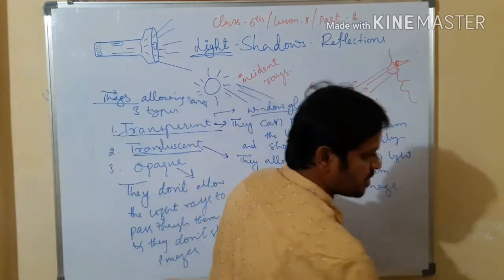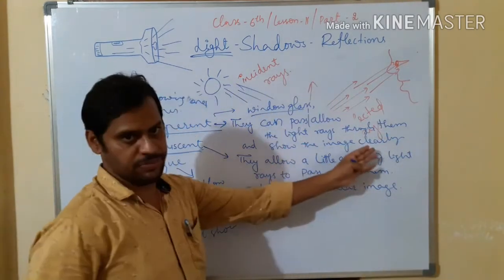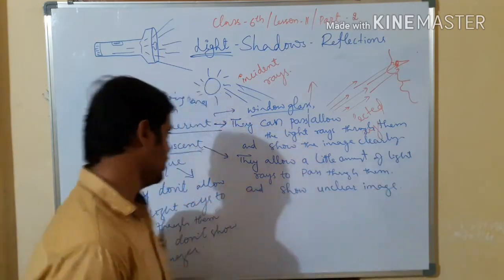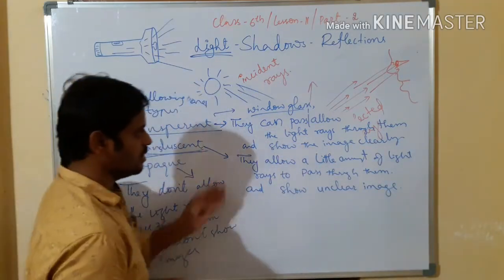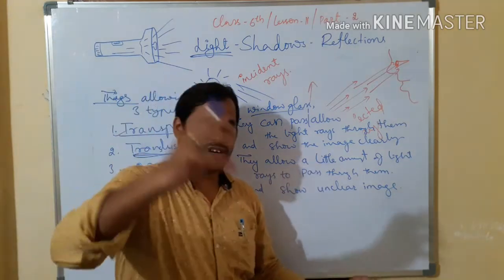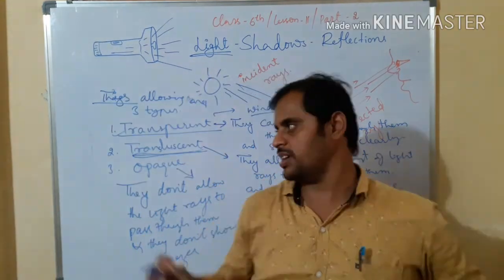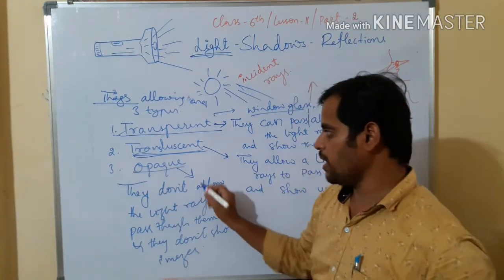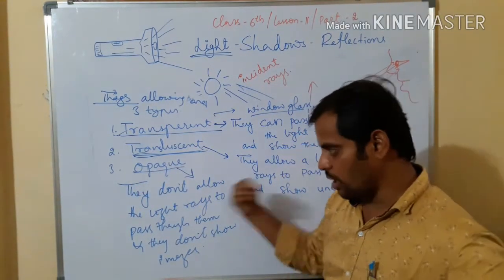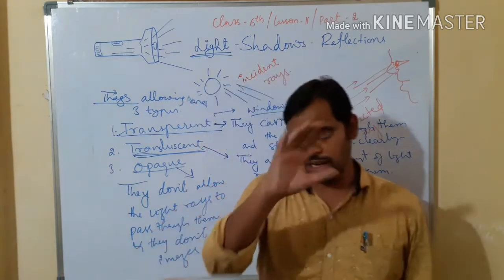Transparent materials allow the rays through them and can show the image clearly. Whereas translucent materials allow a little amount of light, so the image will be unclear, because very little light is coming inside, right? And opaque materials don't allow the light rays to pass through them. Simply I am going to show you.